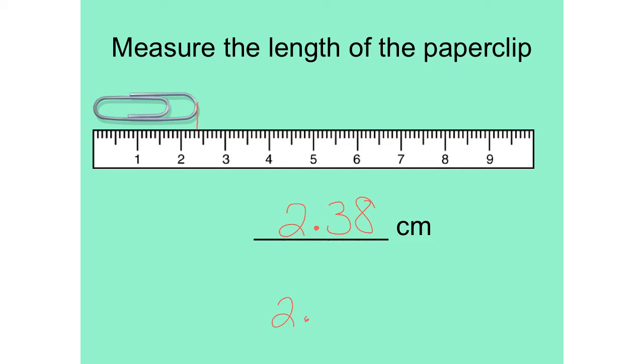Now, if somebody else said 2.39 or 2.37 or even 2.36, that would be close enough. So what we're getting at here is we know the 2. We know the 0.3. This last digit there is what we are estimating. Again, that last digit that you're writing down does have a little bit of error, a plus or minus range built in.